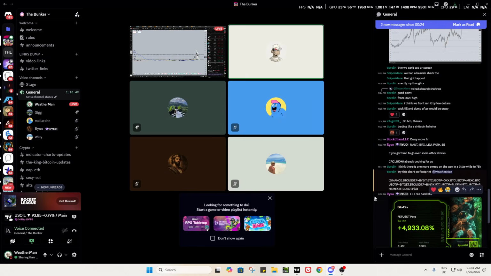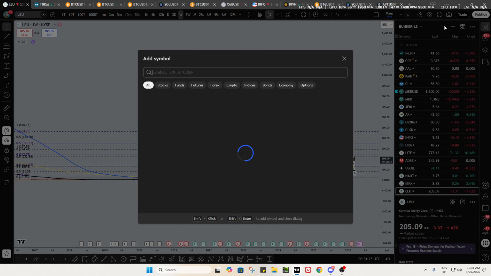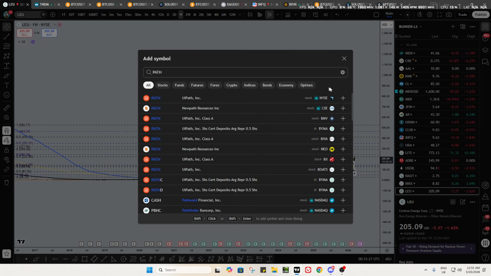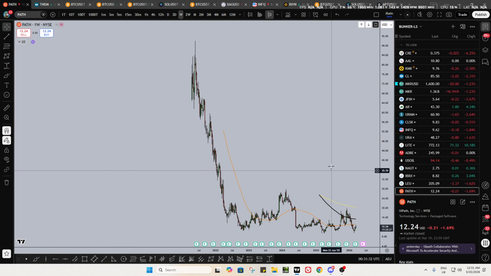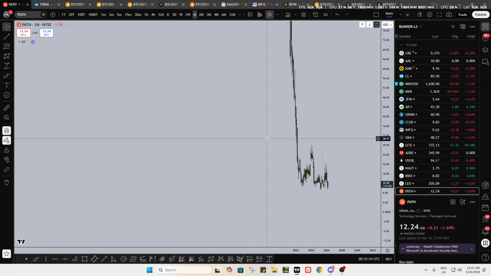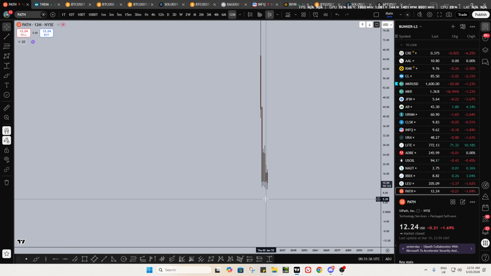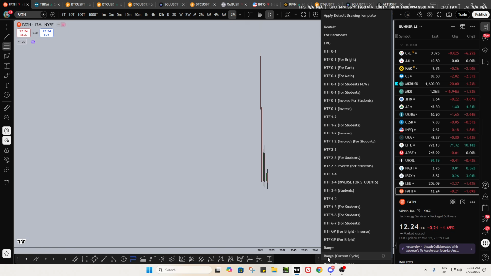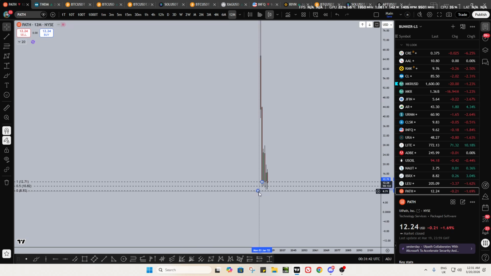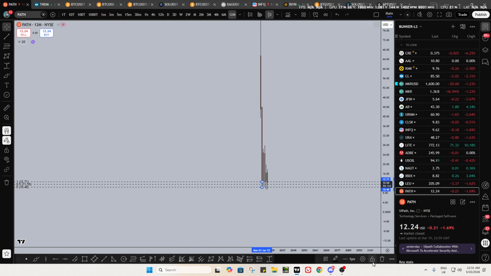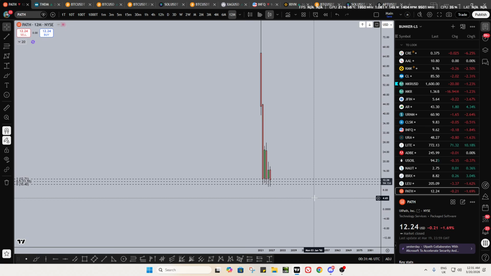That's LEU. And path. Oh my god, talk about low risk, huh? Talk about low risk. Damn.